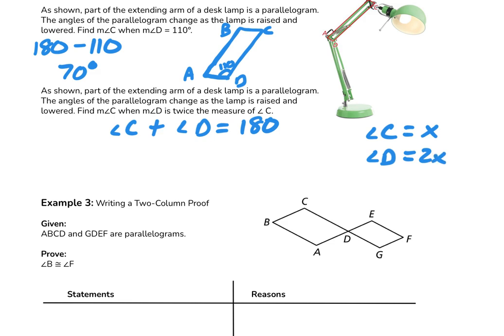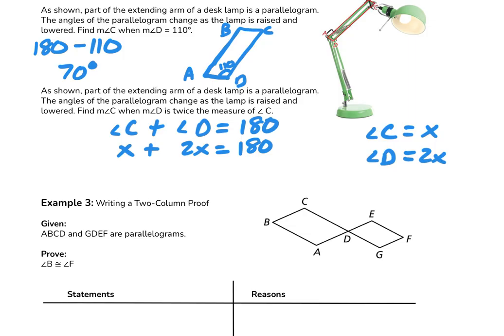And then we do a little bit of substitution. Angle C is really x, so I put x in for angle C. Angle D is really 2x. So 1x plus 2x equals 180. Okay, what happens if I add 1x and 2x together?